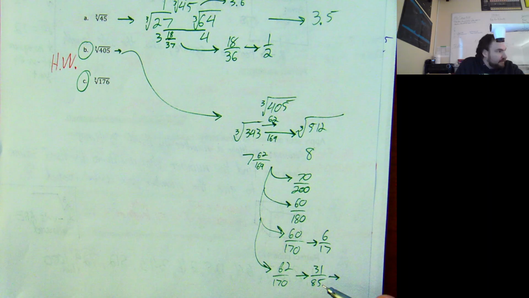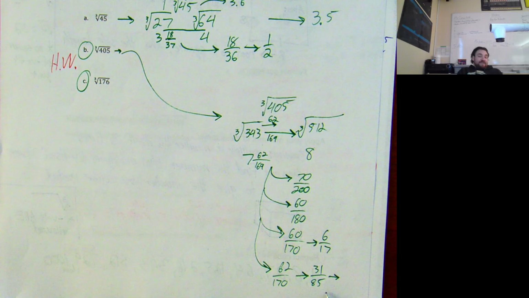How'd you get that? No, but how did you get 0.3 from 31 over 85? Okay, one more time? So, oh, you didn't keep simplifying it.